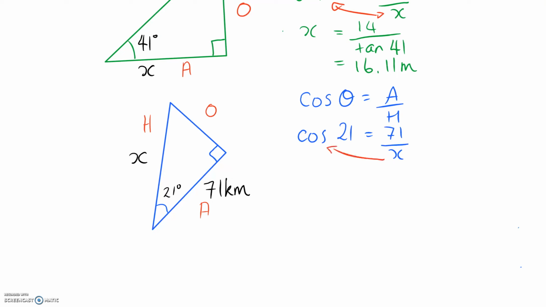Swap them around. And you get x equals 71 divided by cos 21. Put that into your calculator and you end up with 76.05, that's a 0, kilometers.